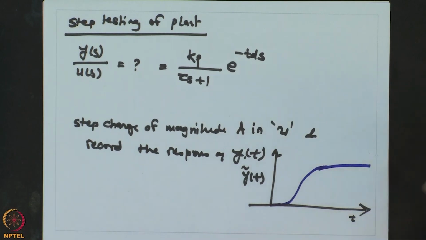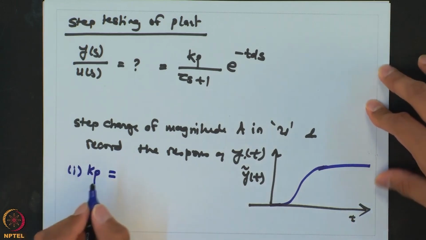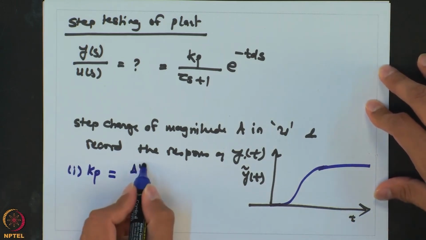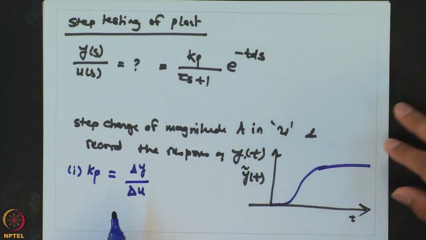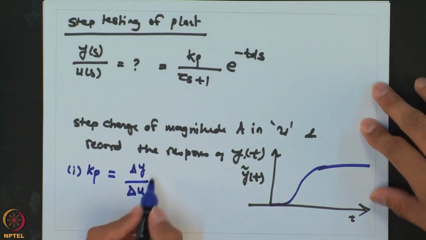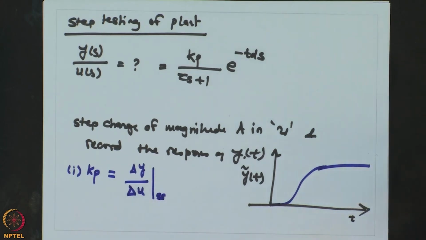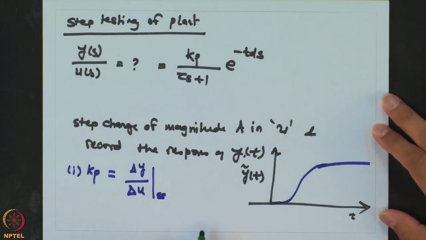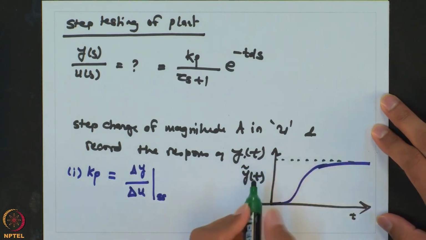So in order to get Kp, it is the gain of the process. So it is the total change in y divided by total change in the input, and this is at the final steady state. So for this particular example, the total change in y is going to be this. So the ultimate value is this.